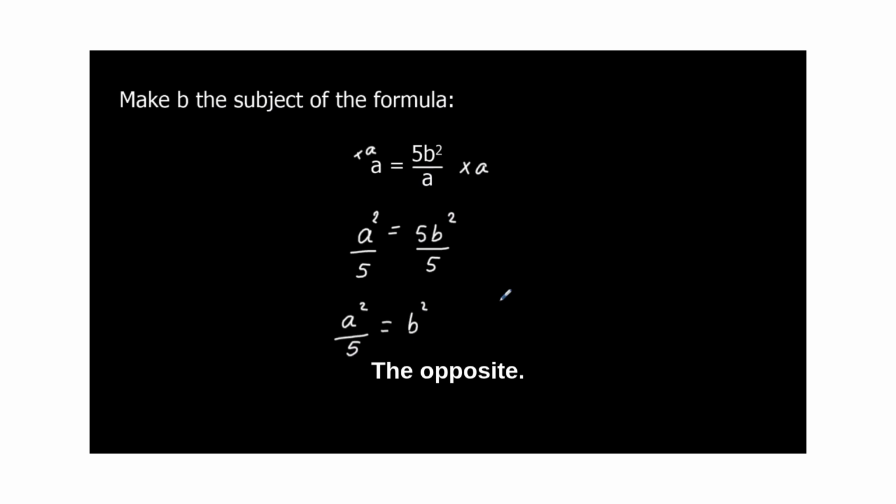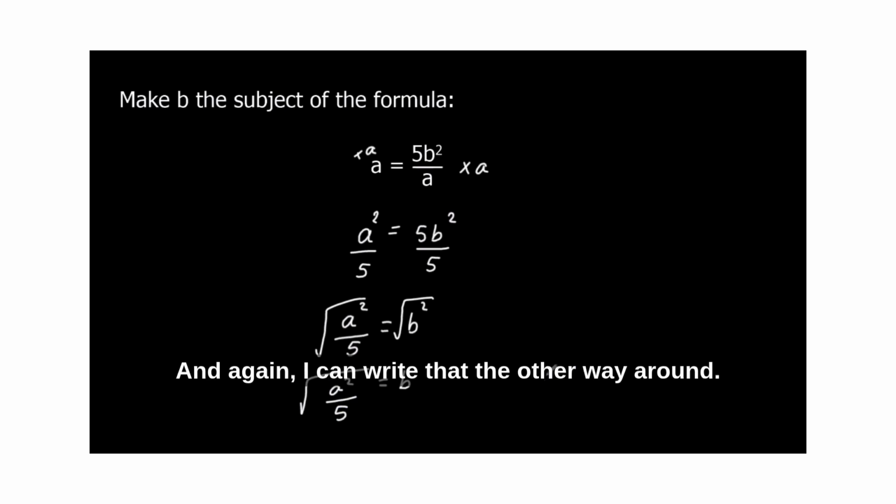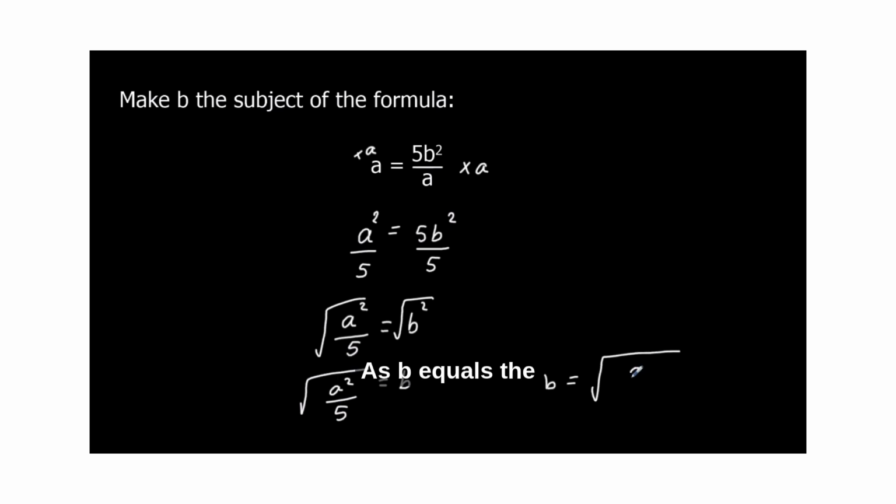The opposite of squaring is square rooting. So I square root both sides to get rid of a square. So B equals the square root of A squared over 5. And again, I can write that the other way around as B equals the square root of A squared over 5.